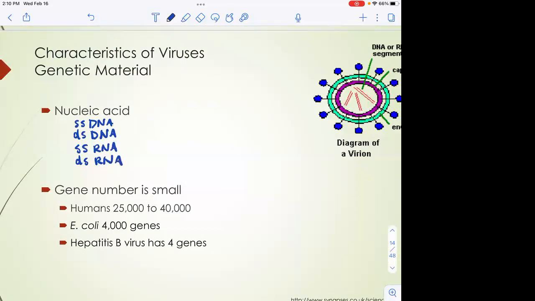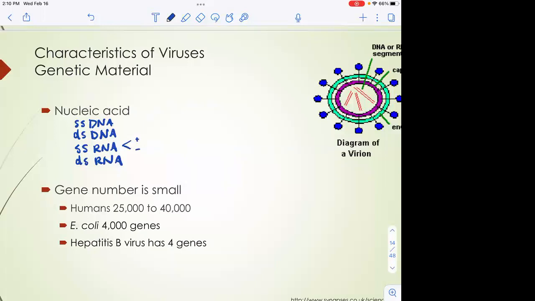There's two kinds of nucleic acid that you don't see in any other life. You never see single-stranded DNA and you never see double-stranded RNA. When different viruses that had those kinds of nucleic acid were discovered, that was really a mind-blowing thing. And we'll talk about this in a minute, you can have plus sense single-stranded RNA or negative sense. We'll talk about the difference between that in a minute.